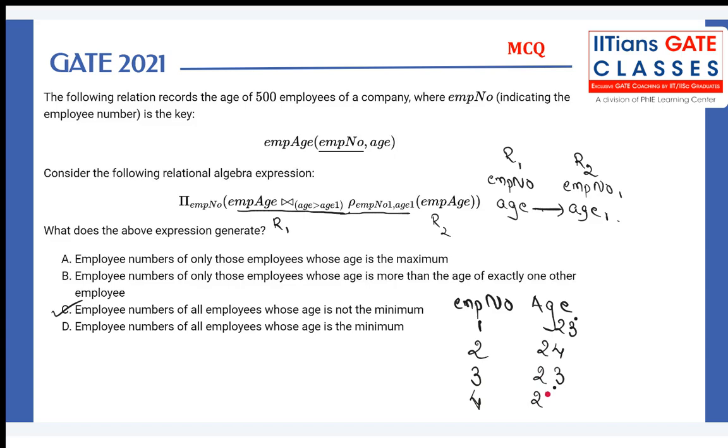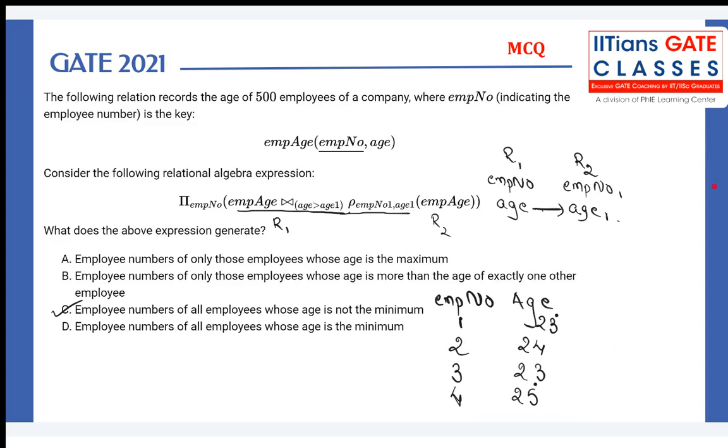Now you're doing a join like that, self join. So self join could be hard to visualize. Better is if I write it the same, on the side, with names as employee number 1 and the table is the same: 23, 24, 23, 25.